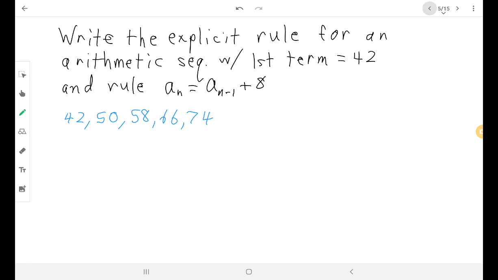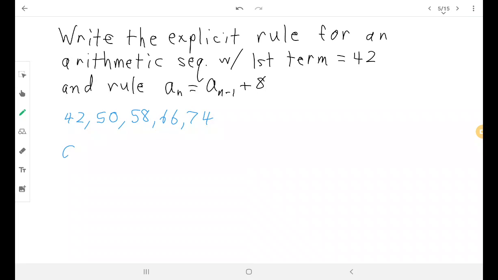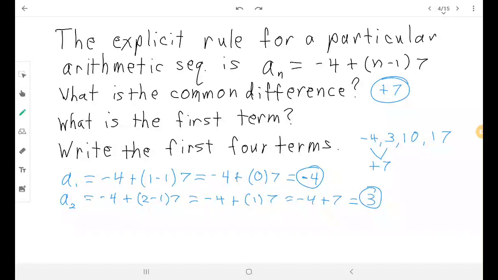So let's look back again at how they wrote this explicit rule. They start with a sub n, the nth term, equals. And then they give the first term, and then plus n minus 1 times the common difference.